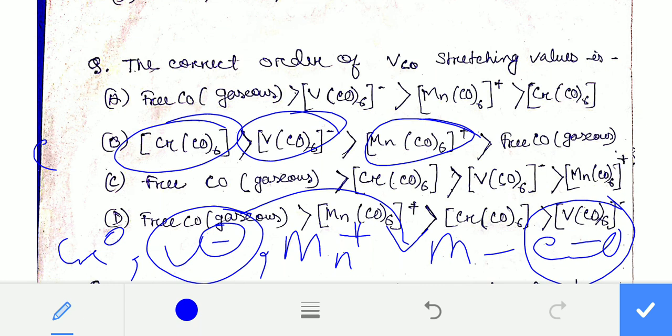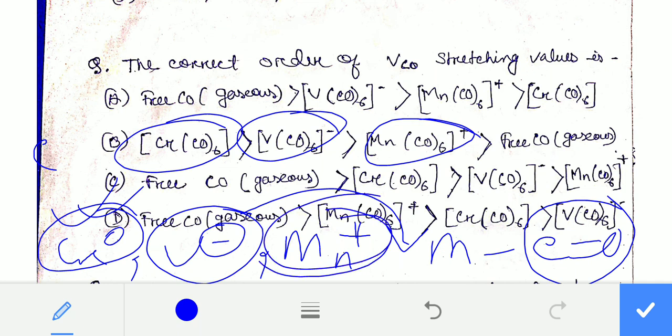CO bond order will be least, that is, it will have a lower value of carbonyl stretching. So in V(CO)6⁻, since the CO bond has the least bond order, its stretching values will be lower in this compound. Then Cr(CO)6, which is in the zero oxidation state, will come next to V(CO)6⁻, and then Mn(CO)6⁺.